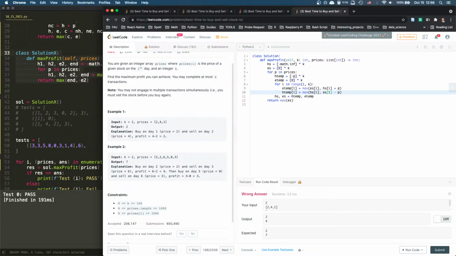Wait, is it I? Yeah, because that's the previous value. This is the current value. So it has to be range K. Right? Then ES is 0. Now that's not going to be ES 0. Okay.